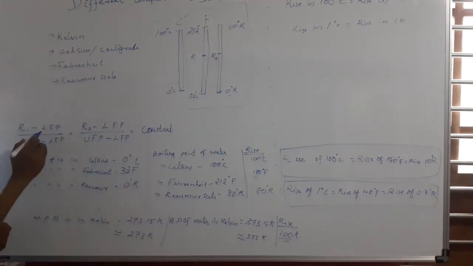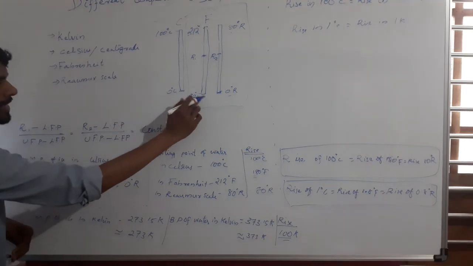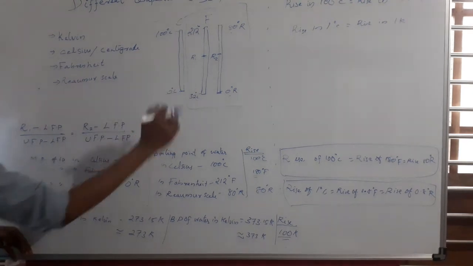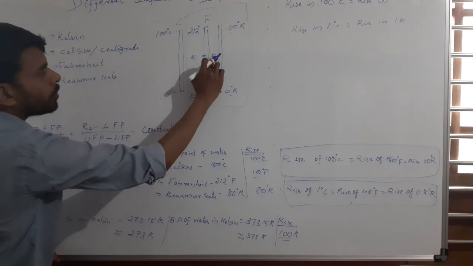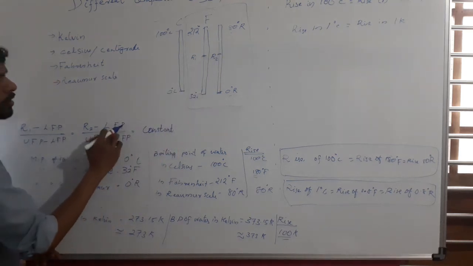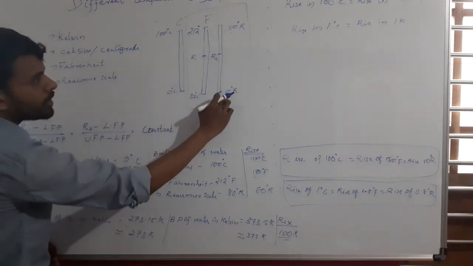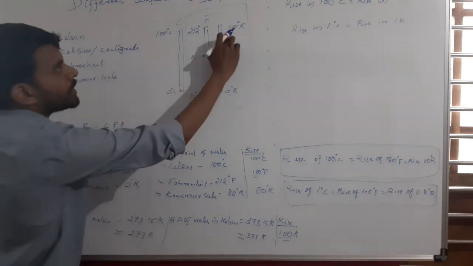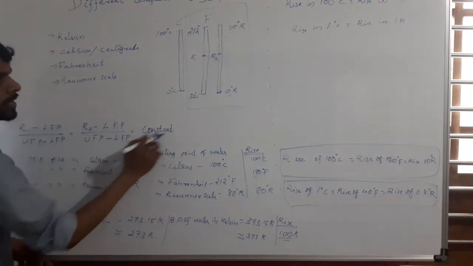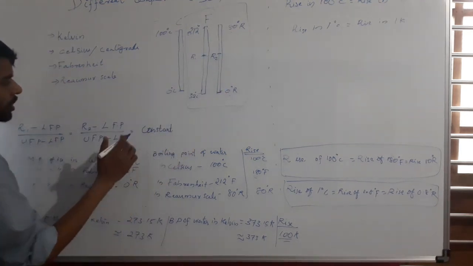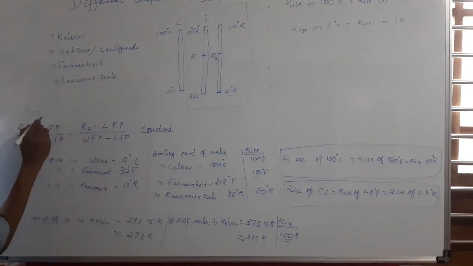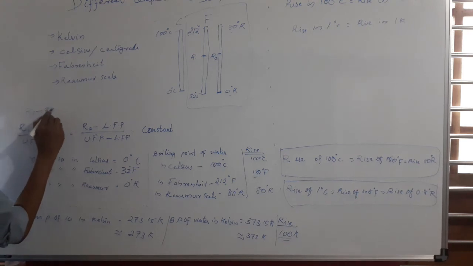So R1 minus lower fixed point 32, whole divided by upper fixed point 212 minus lower fixed point 32, is equal to R2 minus lower fixed point. What is the lower fixed point? 0. So R2 minus 0 divided by upper fixed point, that is 80 minus 0.